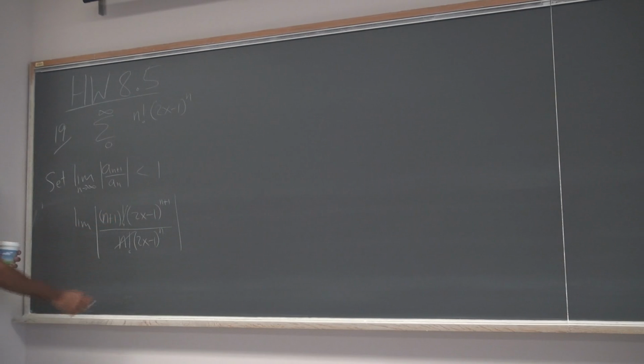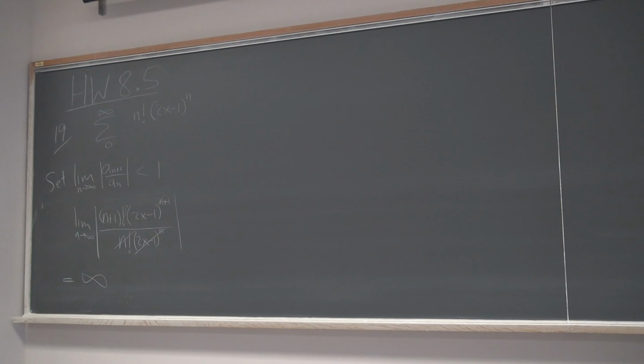This cancels that. This cancels that. Limit as n goes to infinity, it's infinity. Right, so this equals infinity, as long as x doesn't equal 1/2.